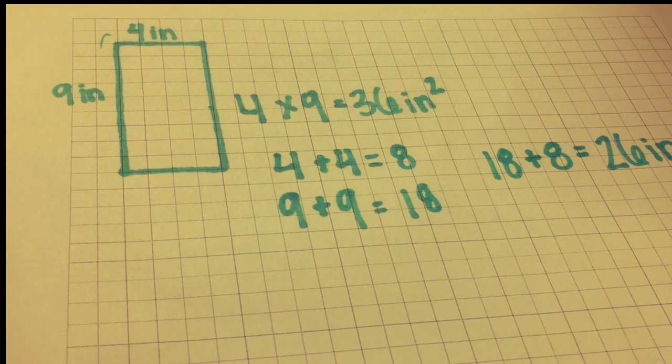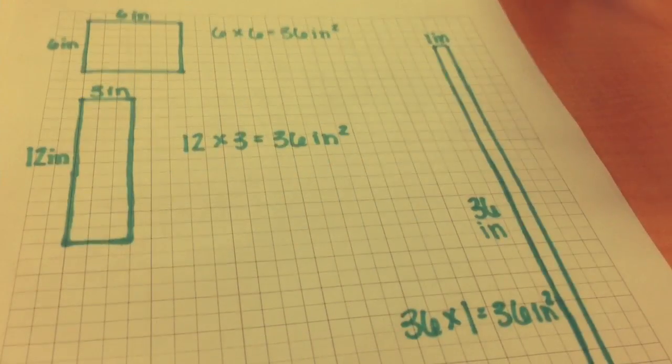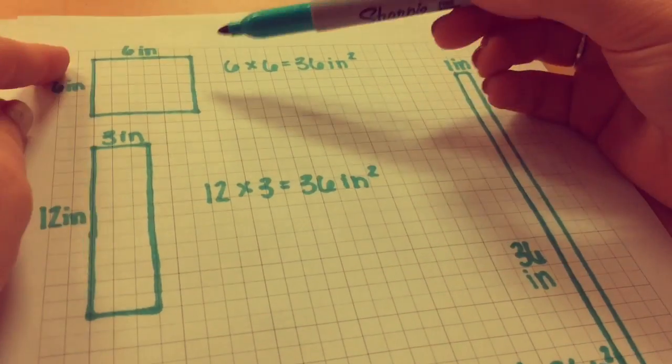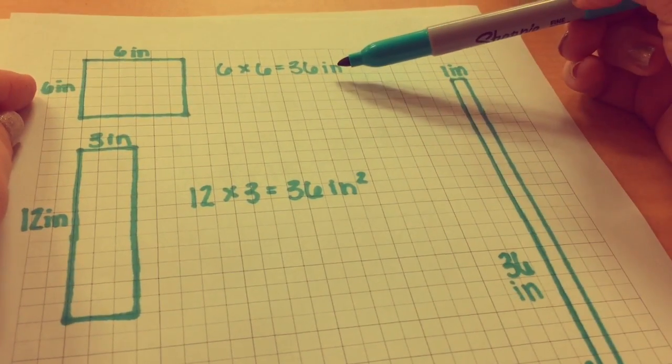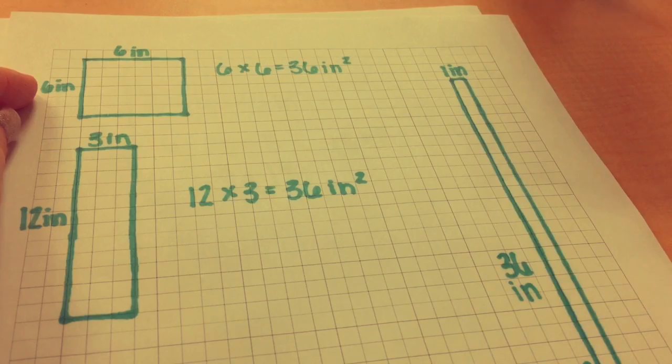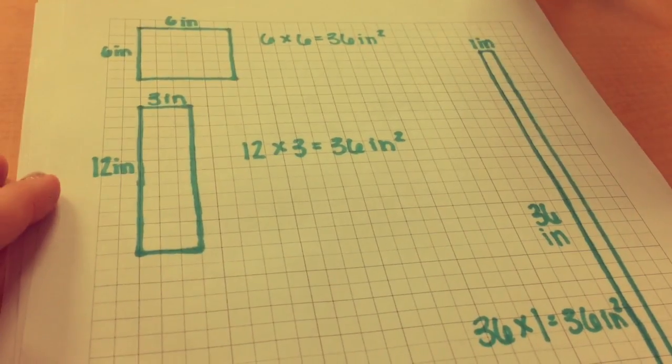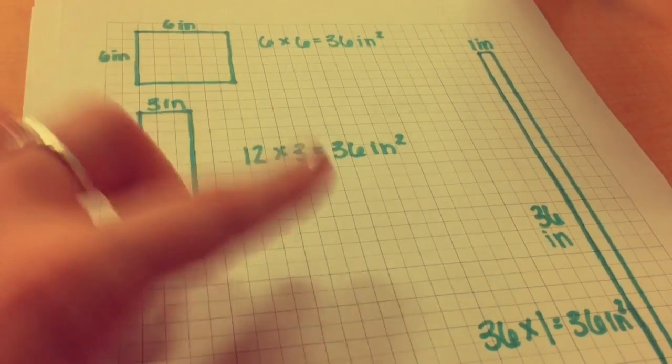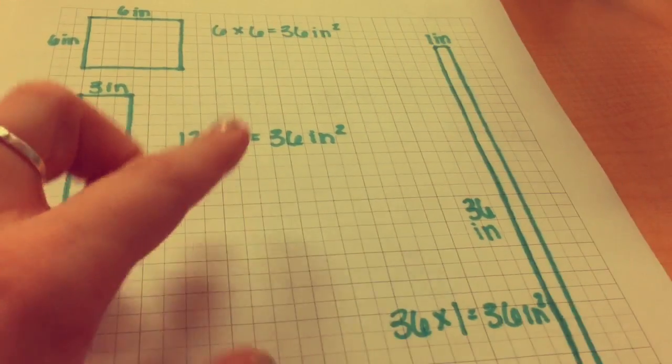Pause and write down some other ways I could multiply to get an area of 36 inches. All right, welcome back. If you thought that multiplying 6 times 6 to get an area of 36 was another way, you are right. If you thought that you could have 12 and 3 to get an area of 36, you're also correct.